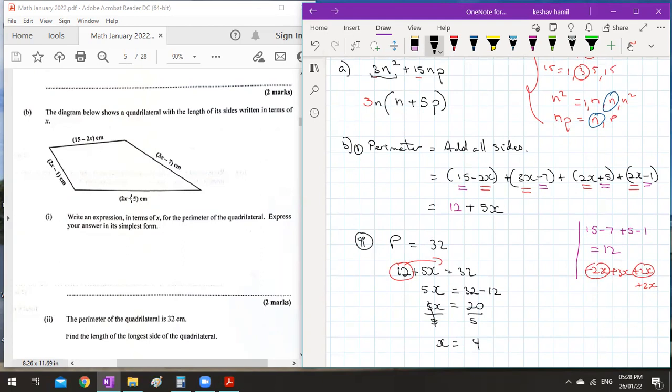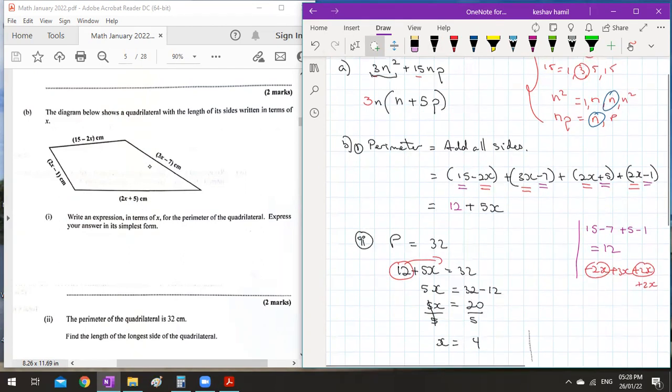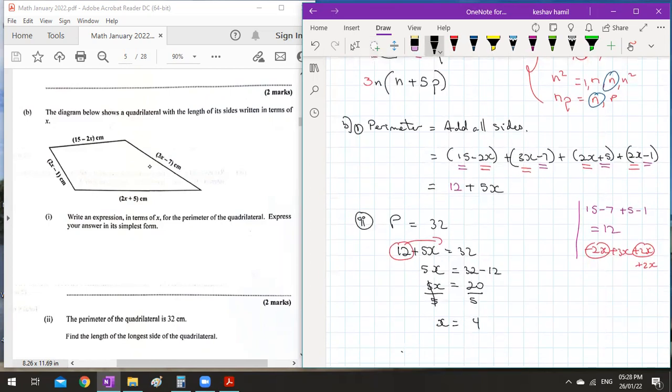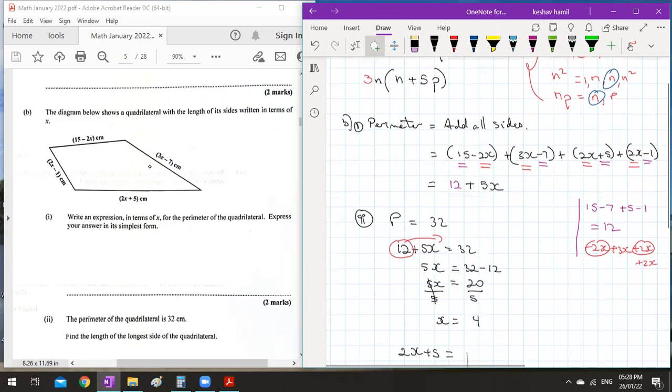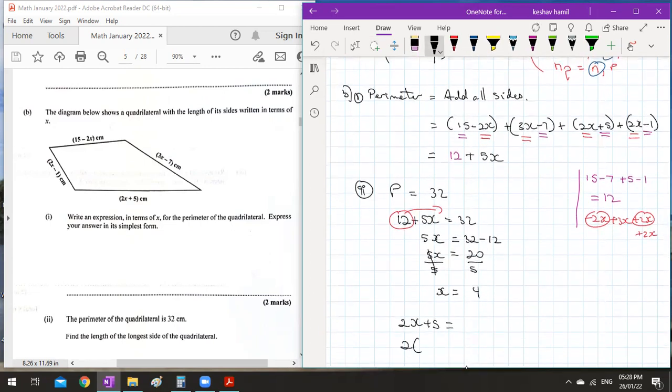Now from the diagram, you can say 2x plus 5 is the longest, right? But they didn't say the diagram was drawn to scale. So let's work it out using that information alone. 2x plus 5 will be 2 times 4 in brackets, replacing the x with the 4. 2 4s are 8, plus 5 is 13 centimeters.